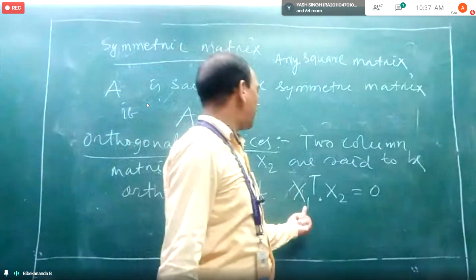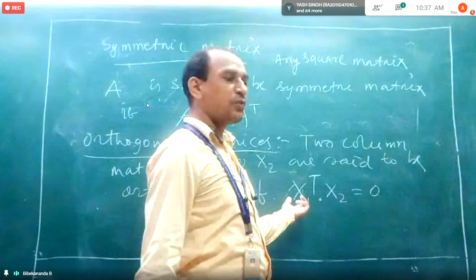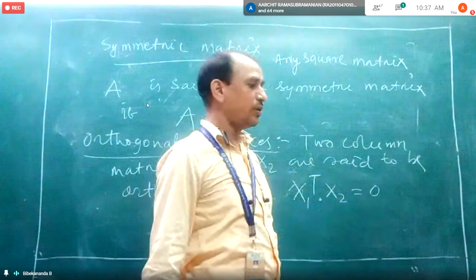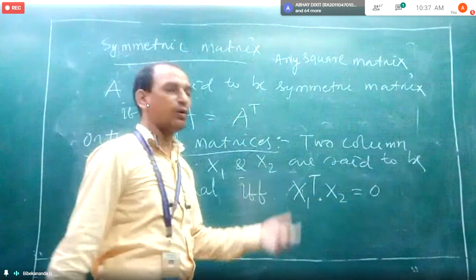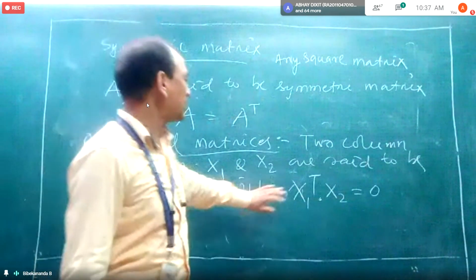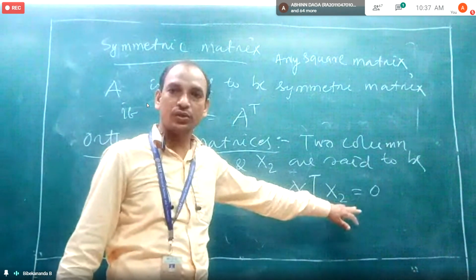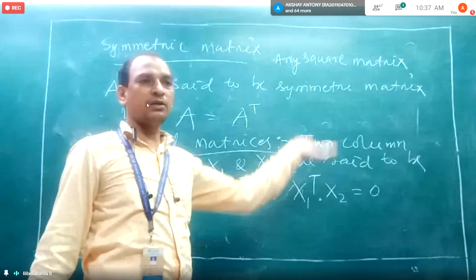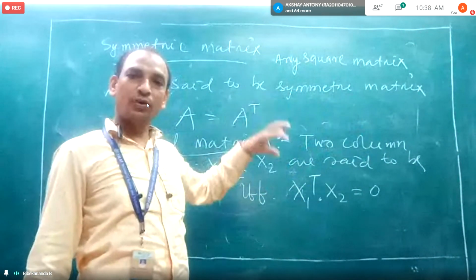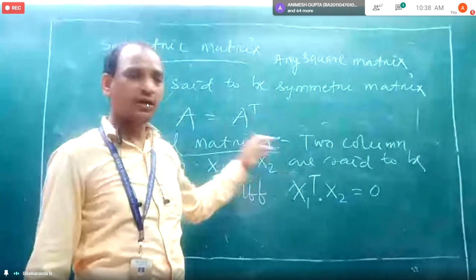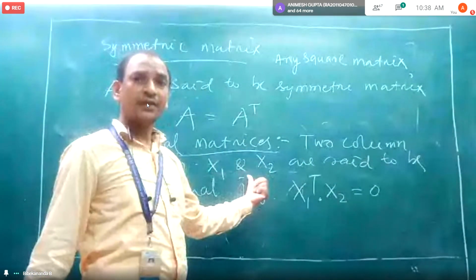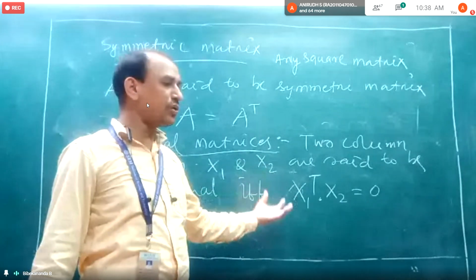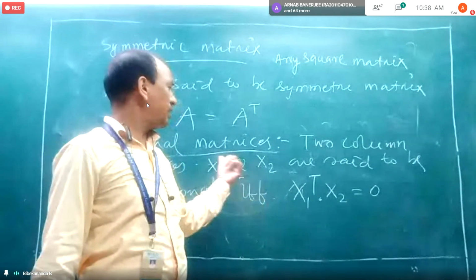If the dot product of the transpose of one column matrix with the other column matrix is 0, then x1 and x2 are said to be orthogonal. It may be a column matrix or any other matrix, but here we will consider the eigenvector as a column vector. That's why I am writing column matrix, because we will use the concept of orthogonality for column matrices.